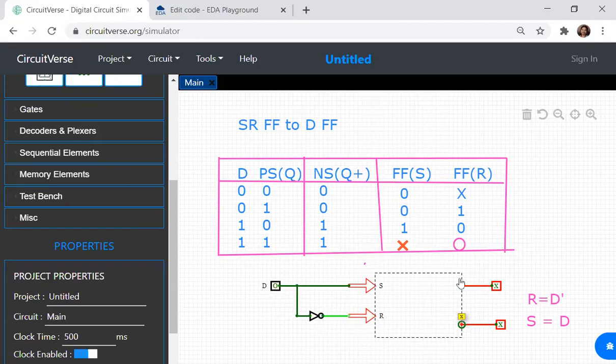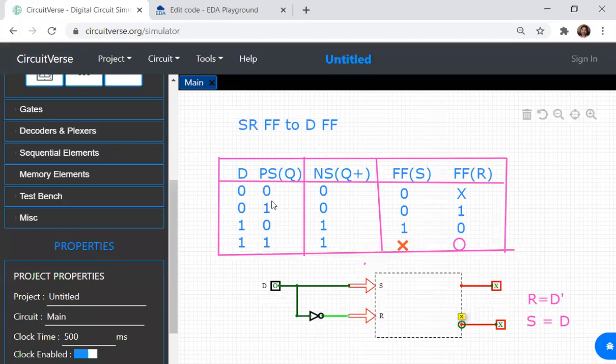So I am converting an SR flip-flop which already exists into a D flip-flop. I'll just repeat the steps. First we have to write the output flip-flop. D is the output flip-flop. And consider the present state. The variables are D and the present state Q, so I'll have four combinations.